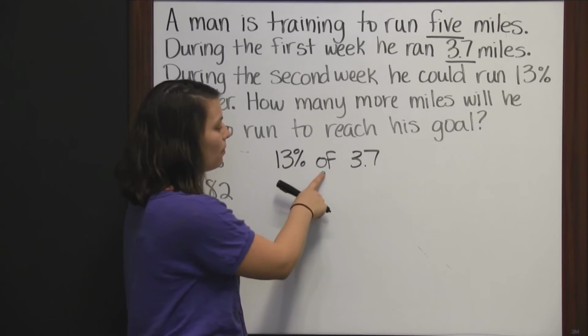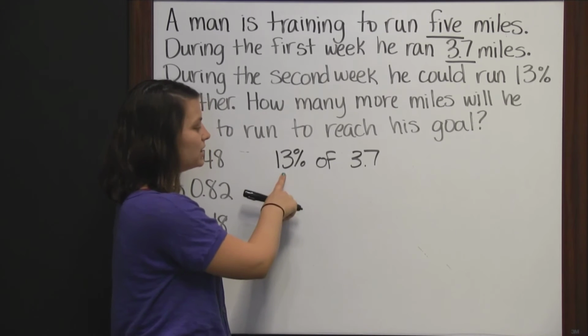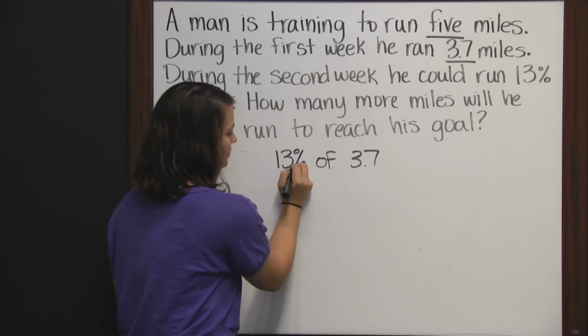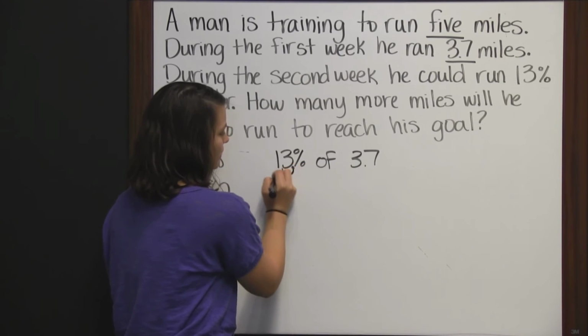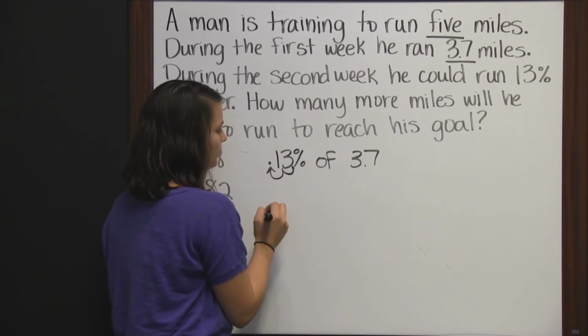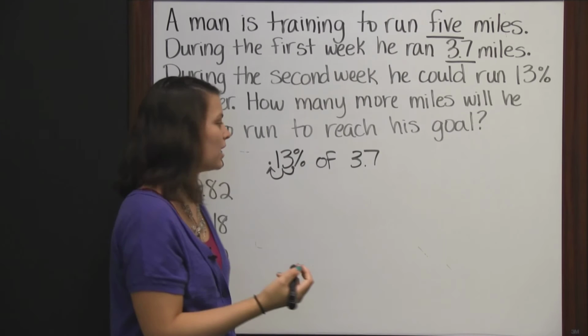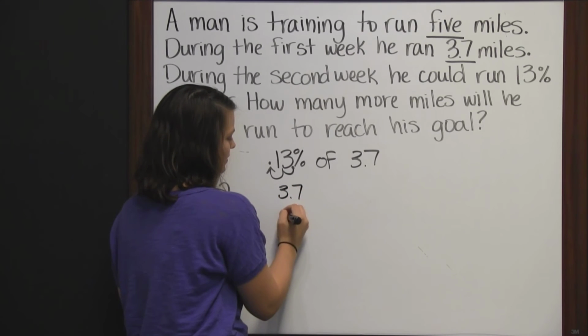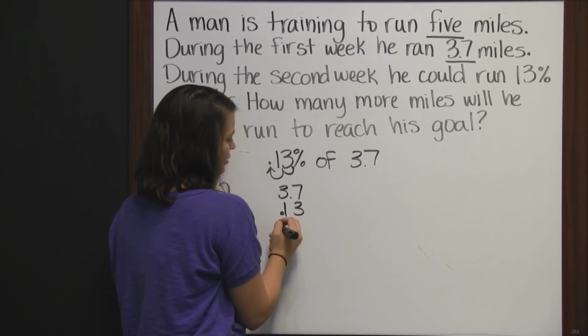And of means to multiply. So we're going to take our percent and change it to a decimal. Move it 2 places to the left. And then we're going to multiply 3 7/10 times 0.13.